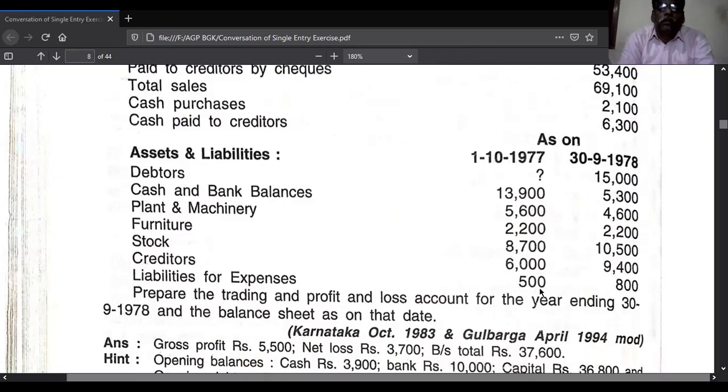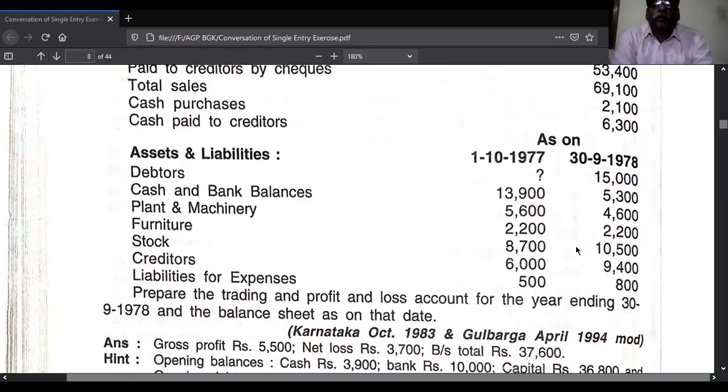Okay. Then you are required to prepare the accounts at the year end. This is the information given. On the basis of this, you have to prepare the accounts. The first set of accounts are: one, statement of affairs; second, cash account; third, bank account; next, debtors account and creditors account. Bills receivable and bills payable information is not given in the problem.